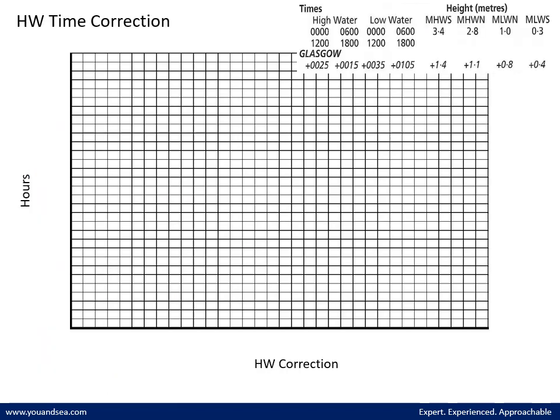So we have a high water of 1441, and that sits somewhere between 1200 and 1800, which means the correction will sit somewhere between plus 25 minutes and plus 15 minutes. So what we need to do is expand the 2 columns out. Up the left-hand side of this diagram, we go 12 up to 1800, and I've chosen to miss a line for every hour.